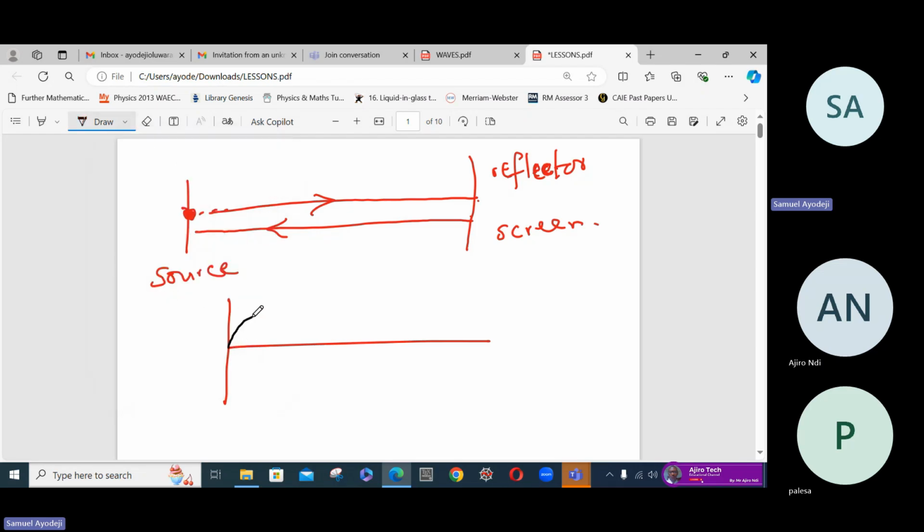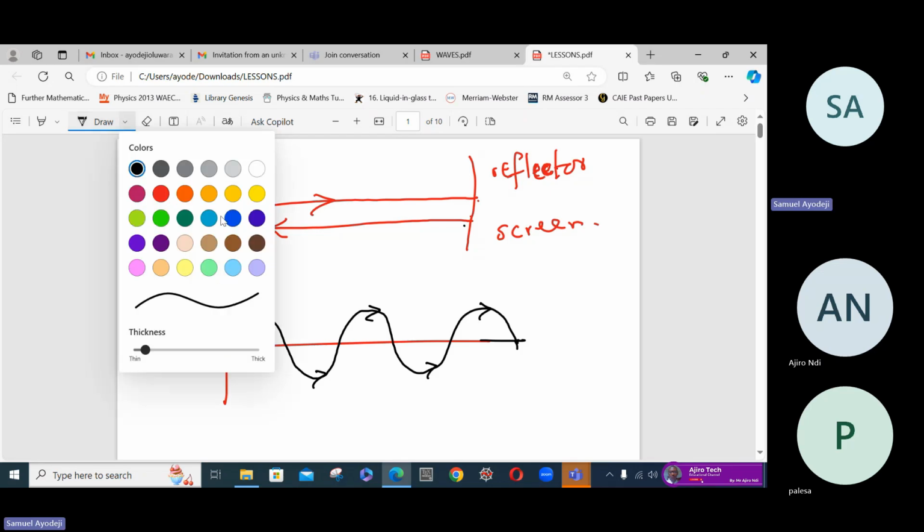So you have a wave traveling. Let me put the arrow on it. Now, when it gets to the reflecting surface here, it reflects back. So let me draw another one for the one coming back.